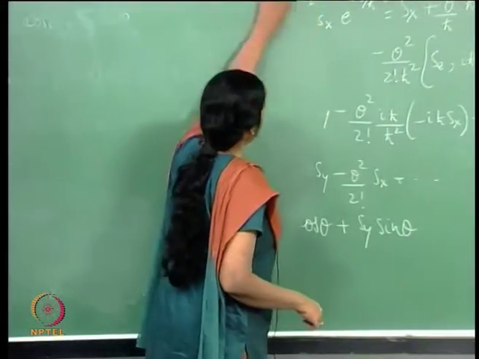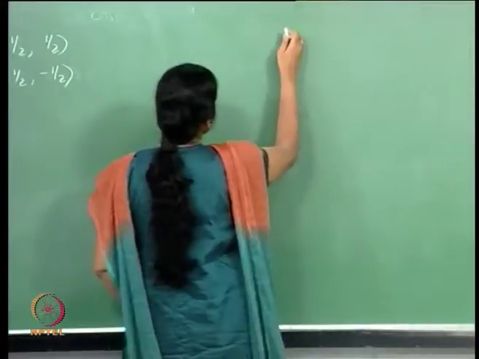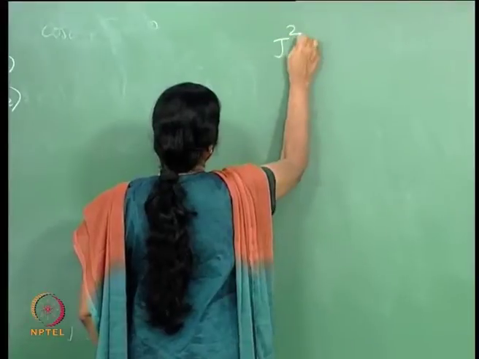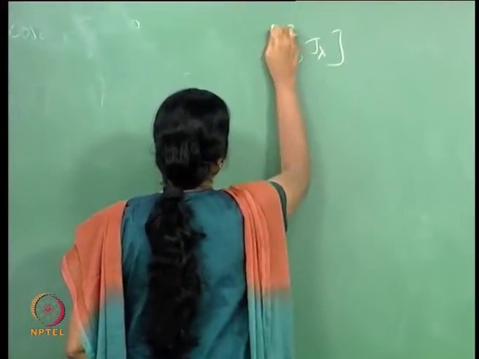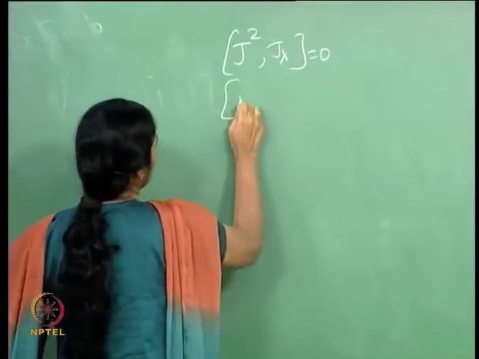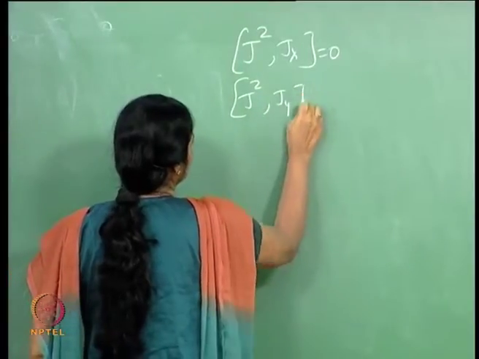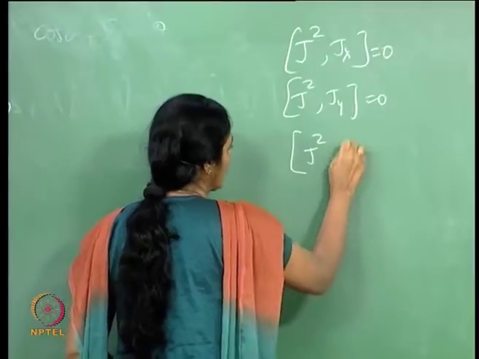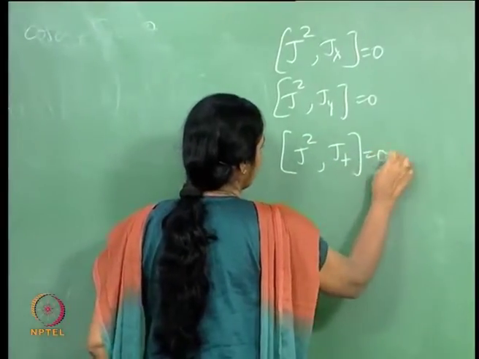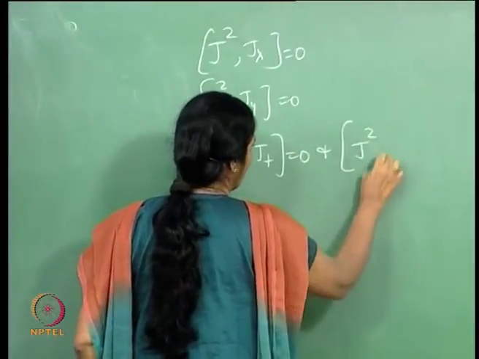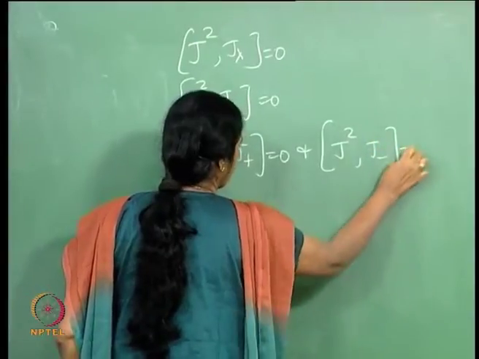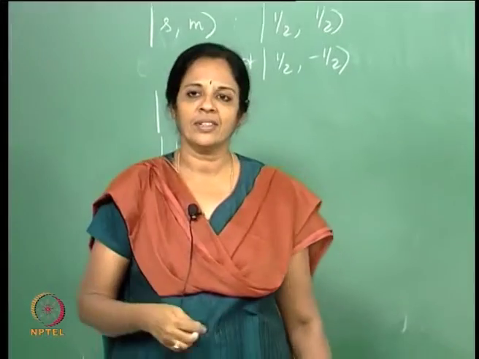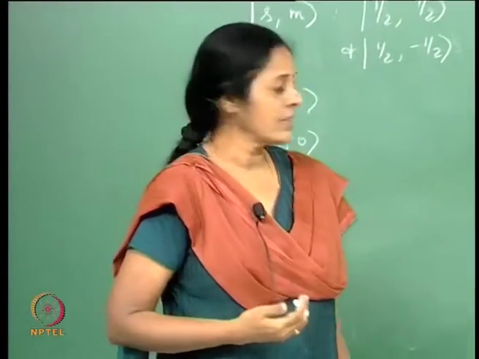We proceed to do this as follows. Let's start with the fact that J squared commutes with Jx and J squared commutes with Jy. Therefore, J squared commutes with J plus and J squared commutes with J minus. Recall that J plus is Jx plus iJy and J minus is Jx minus iJy.